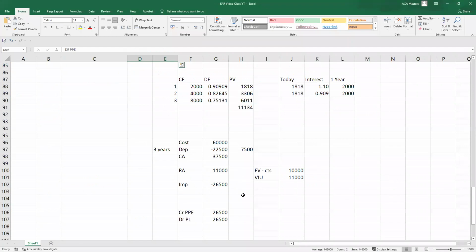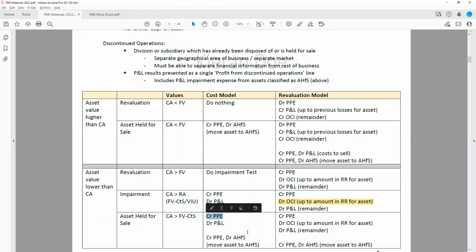So we've got a debit, we know we're going to have an expense because an asset has fallen in value. The question is, where does it go? Well, as I said before, whether you're looking at a downwards revaluation, an impairment, or an asset held for sale, PPE has gone down in value, and you're going to have an expense.